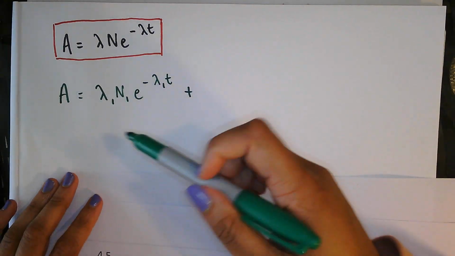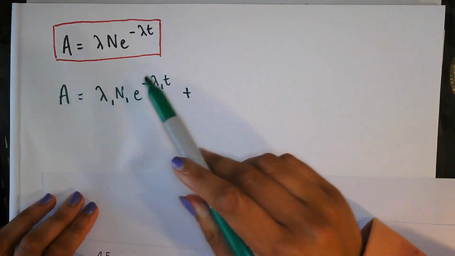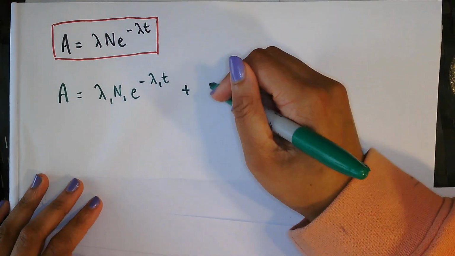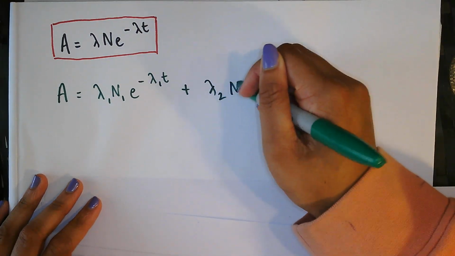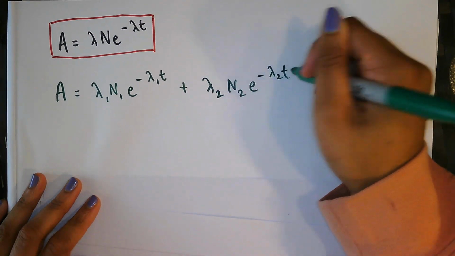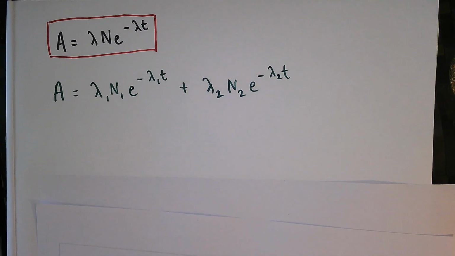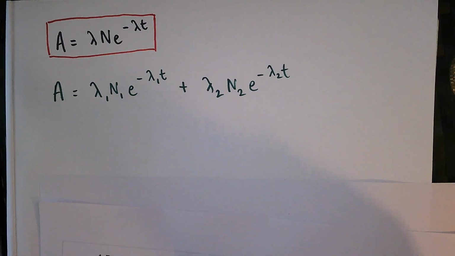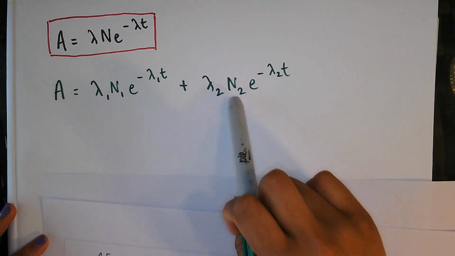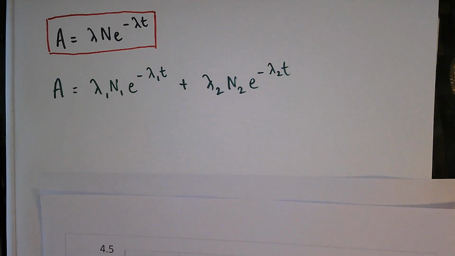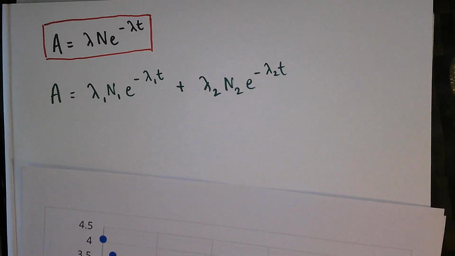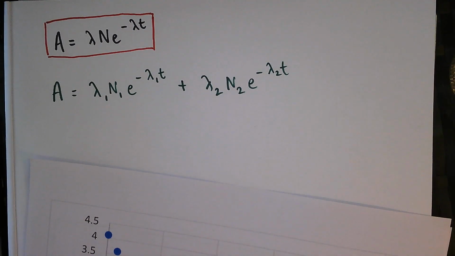So the overall activity is a superposition of the activities of the two separate components. So plus lambda 2 n2 e to the power minus lambda 2 t. And right now we don't know any of the values of lambda 1 or n1 or lambda 2 or n2, but over the course of this problem we can make some assumptions and use some trial and error to find out these values.